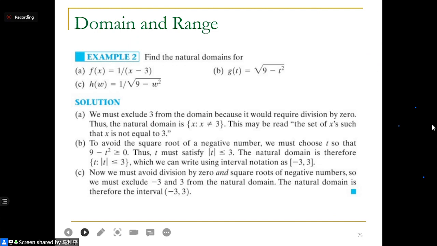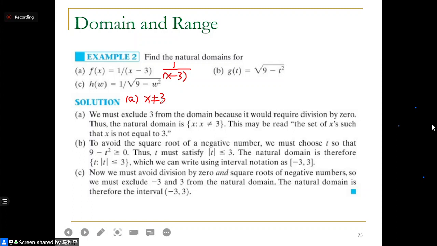For example, we find the natural domain for A. Here is 1 over x minus 3. We know here x minus 3 is the denominator, so this means x is not equal to 3, right? So exclude the point that makes the division by 0.